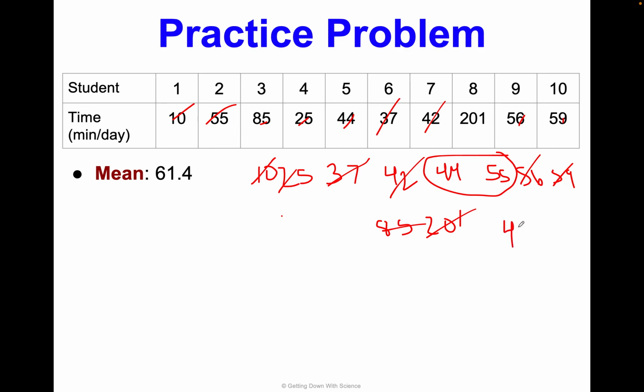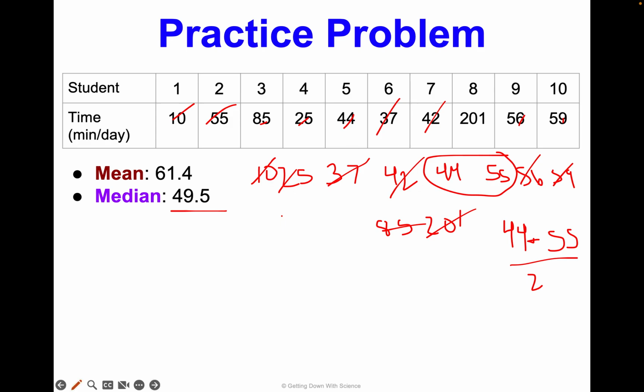Well, you would add them, 44 plus 55. And you would divide them by 2. In this case, your median is going to be 49.5. So let me just double check that math. 55 divided by 2, 49.5 is your median.